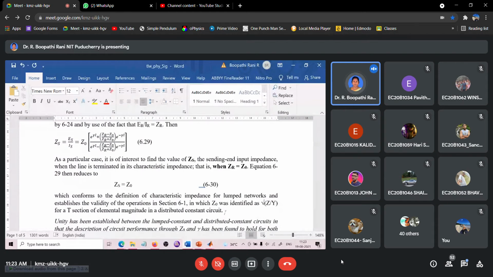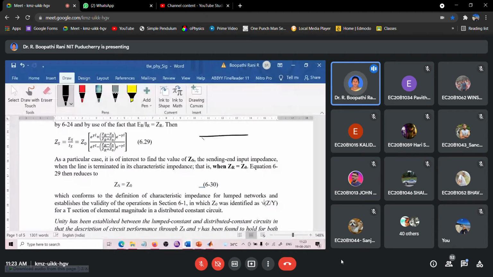Practically infinite length of a line is not possible. See here, the signal is going. At the end, if there are some mismatches, some of the signal gets reflected and comes to the source.